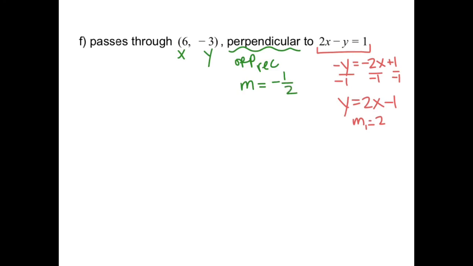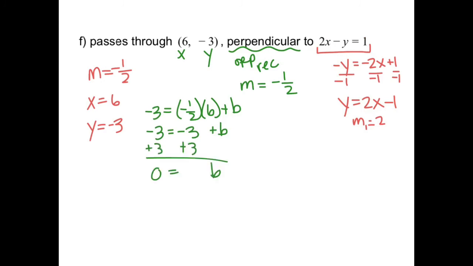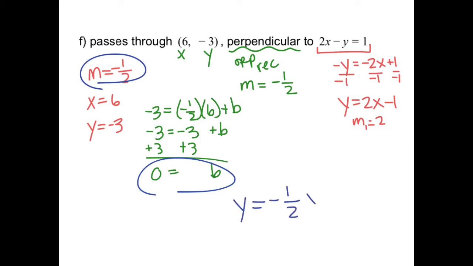So I will use m equals -1/2, x equals 6, and y equals -3 to find the equation of the line that passes through this point but is perpendicular to this line. So we get b equals 0. So using m equals -1/2 and b equals 0, my final answer would be y equals -1/2 x.